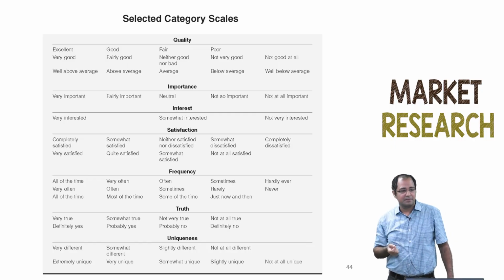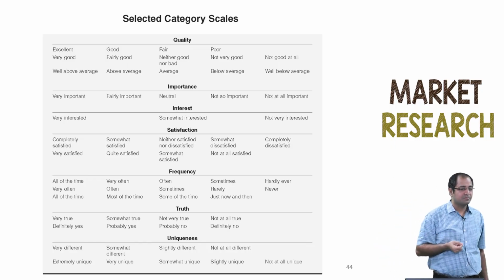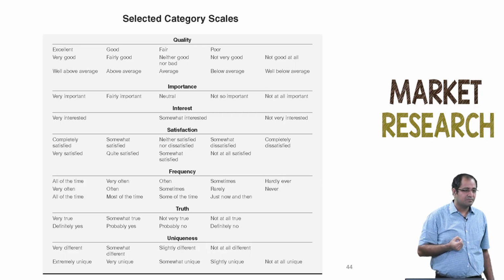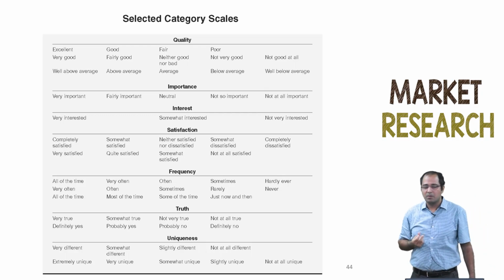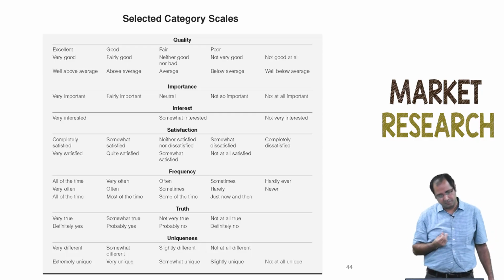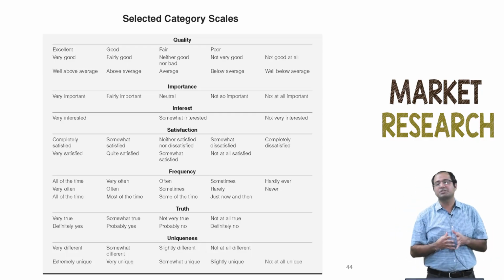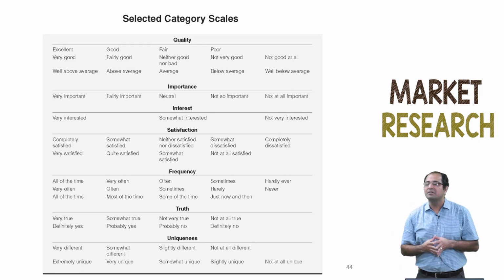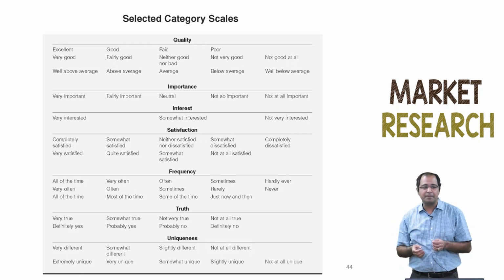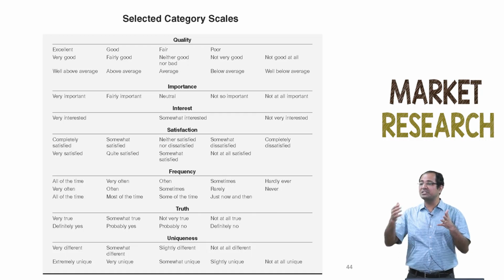Sir, what if the respondent's response is polarized for similar kinds of questions? For one question it's 5, for the other question which is similar it's 1. How do you interpret it? Very good question. Let's say that for a certain respondent the responses are polarized.